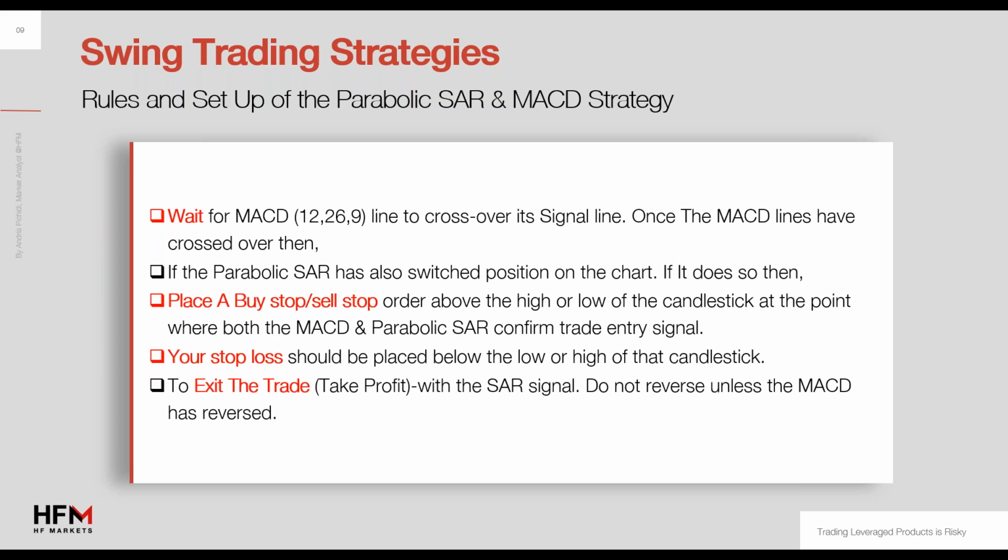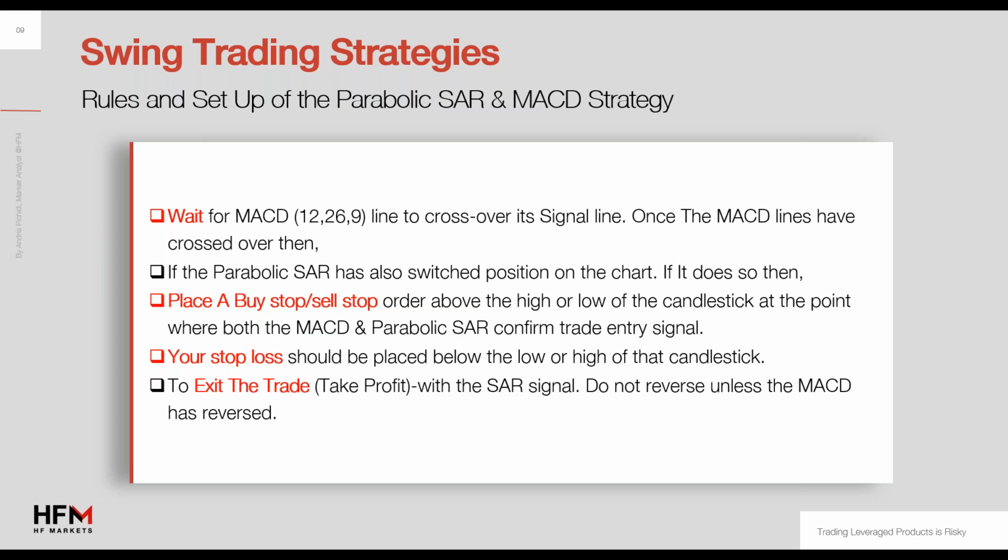If the Parabolic SAR also switched position, then you can place an order, either a buy stop or sell stop order above the high or low of the candlestick at the point where both the MACD and Parabolic SAR confirm the entry signal.